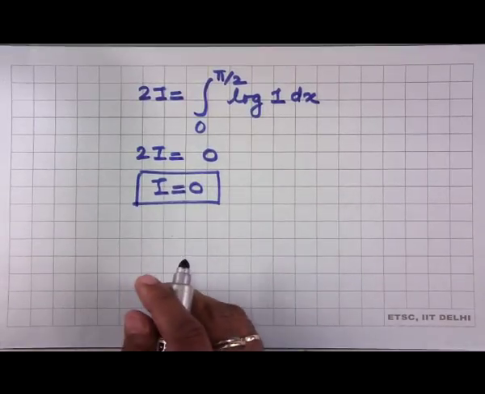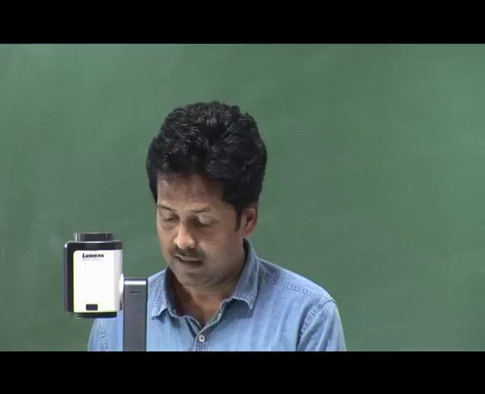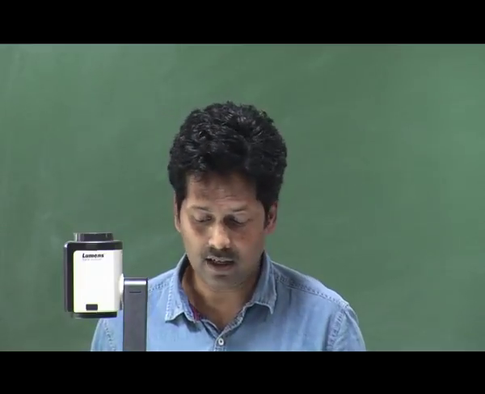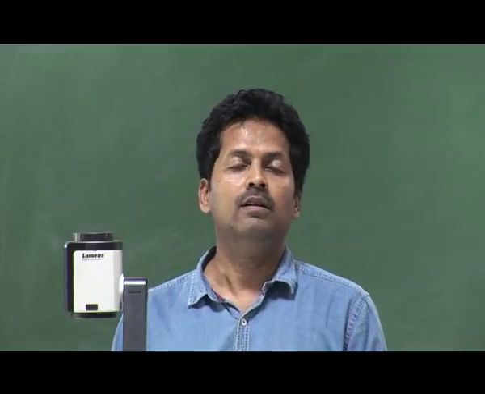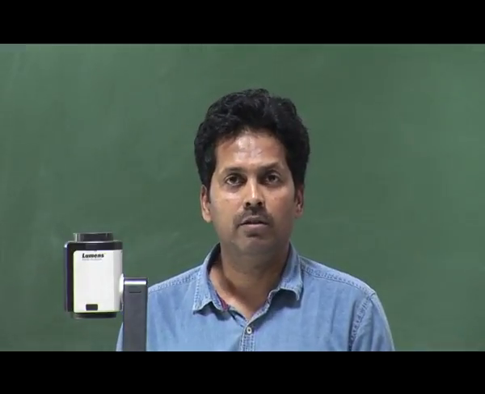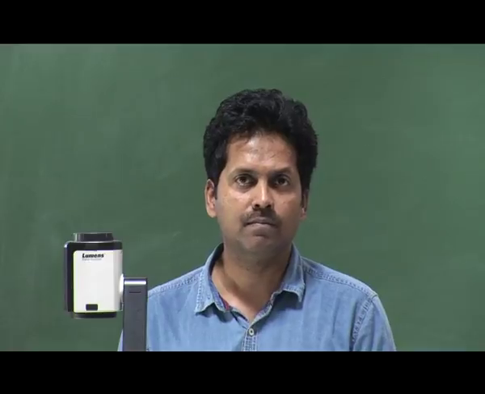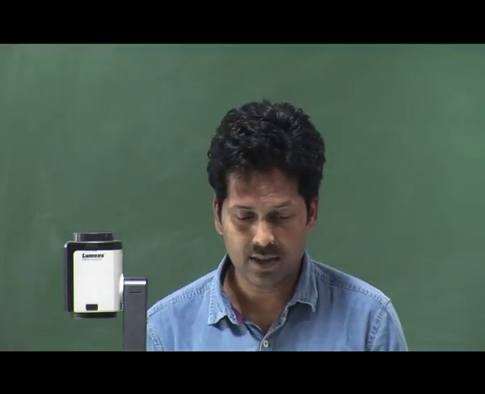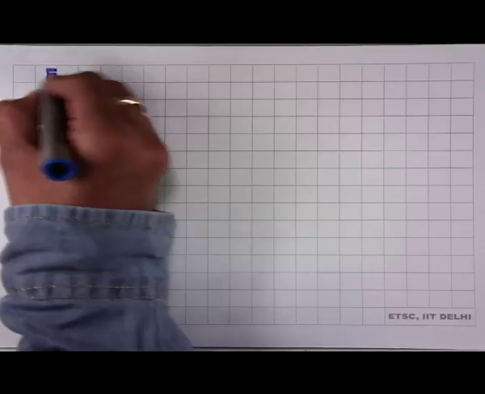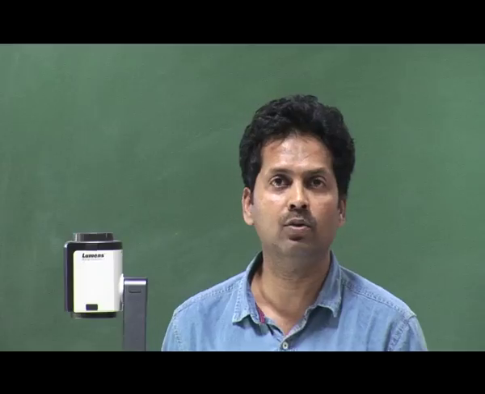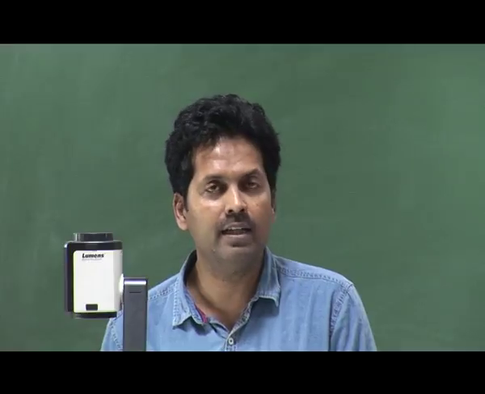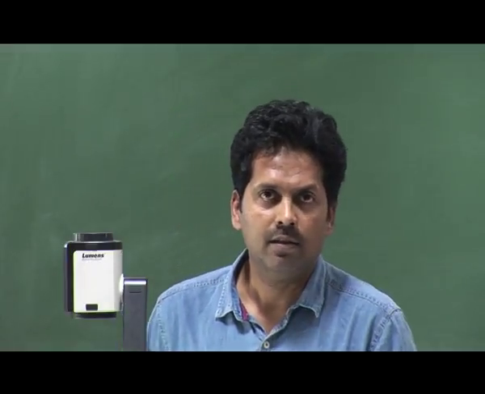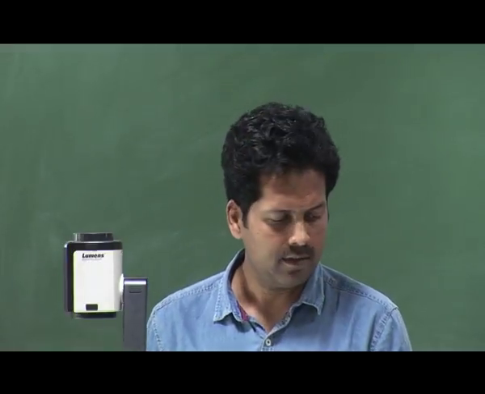I hope you are learning how to use these beautiful formulas of definite integrals and evaluate complicated integrals. Let us take one more example. This is our final example, then we will be moving ahead towards application of definite integrals in finding out area between a line and a curve.